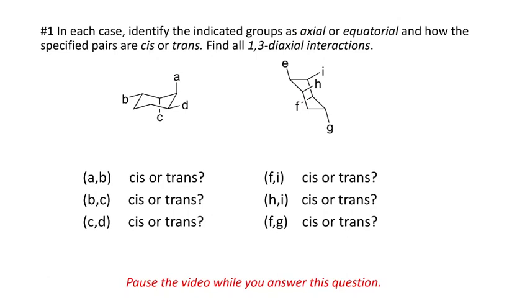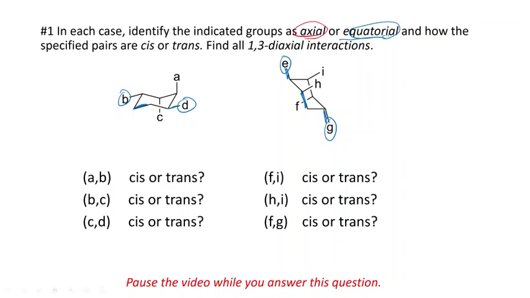Okay, we're back. Axial or equatorial? Let's start with the equatorial. These are relatively easy to find because they are on lines that are parallel to a ring bond. Here's a ring bond, here's 1, here's 1. There we go.